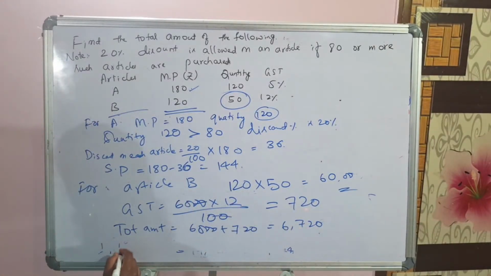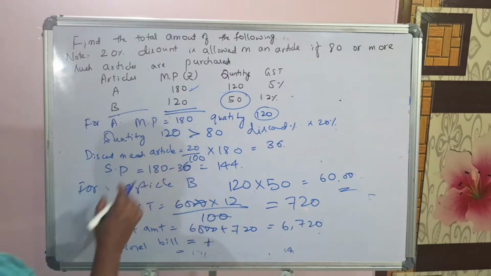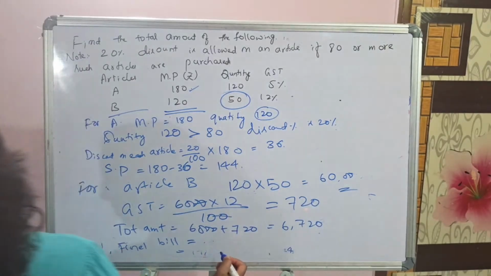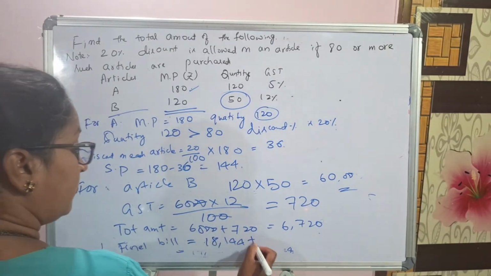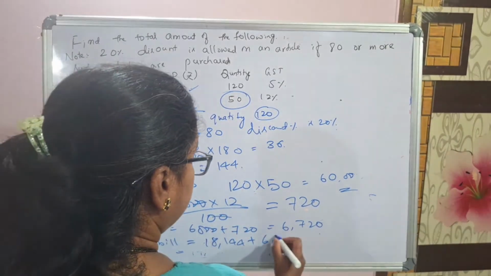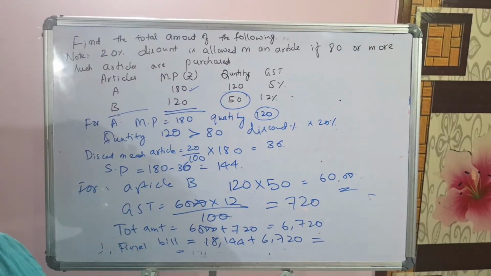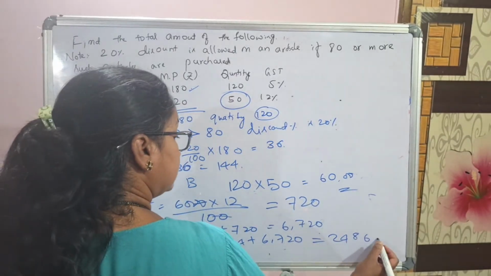And therefore the final bill is equal to total value of article A plus total value of article B, that is 18,144 plus 6,720, which is equal to 24,864.